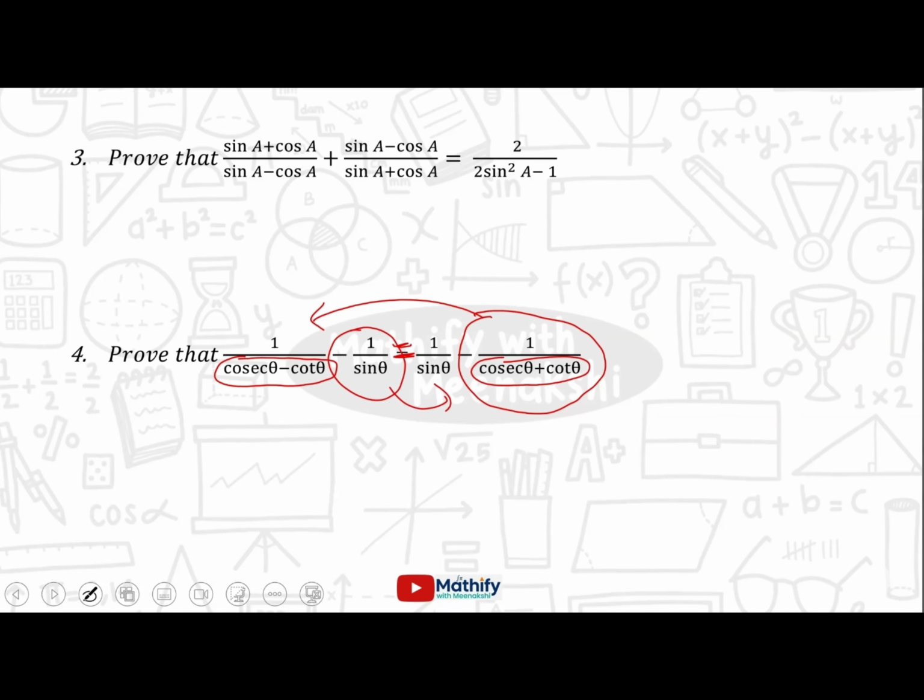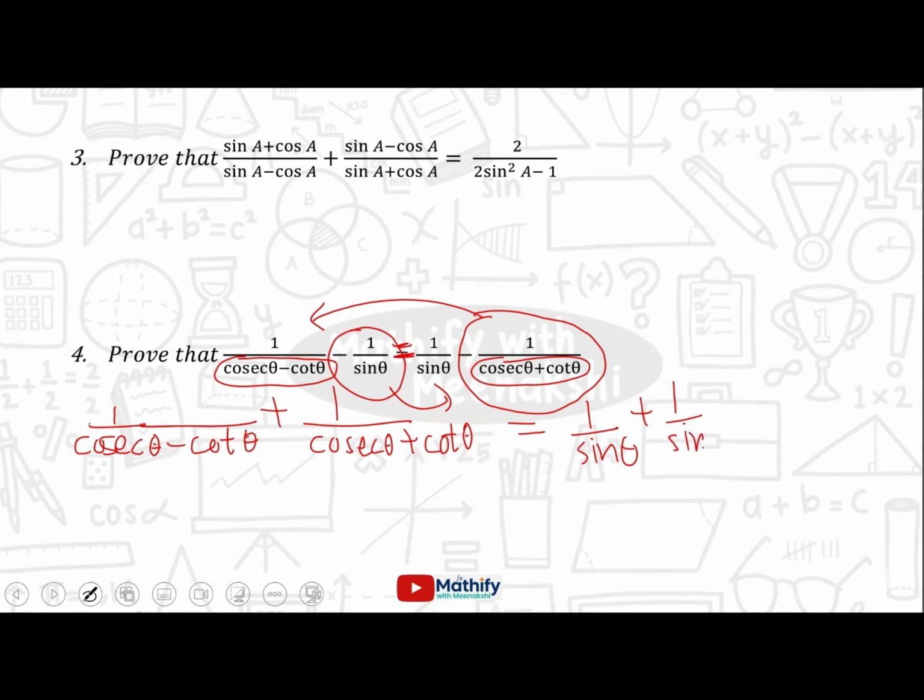So now our LHS becomes 1 by cosec theta minus cot theta plus 1 by cosec theta plus cot theta. Now it's the same and we just moved it. To RHS it will become 1 by sine theta plus 1 by sine theta.